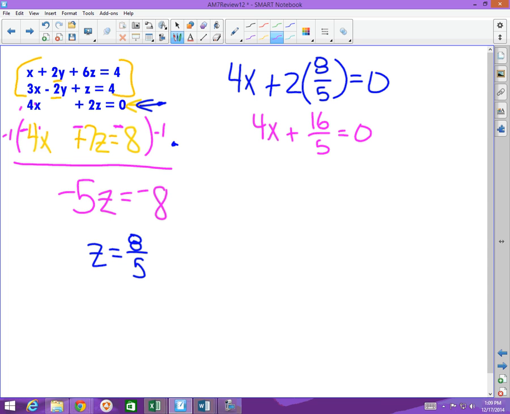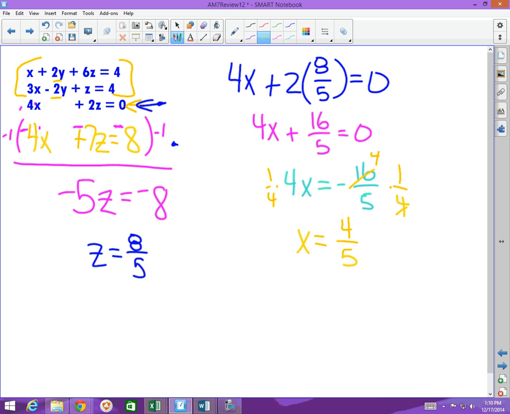Equals 0. Subtract 16 over 5, and you're going to get 4x equals a negative 16/5. Multiply both sides by a 1/4. And x is going to be 4/5, because 4 goes into 16 4 times.